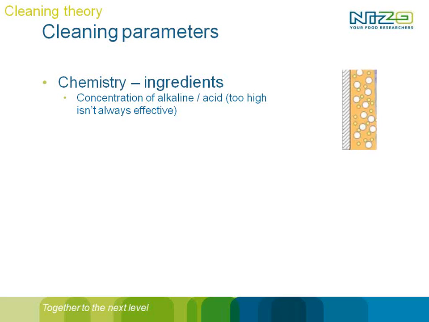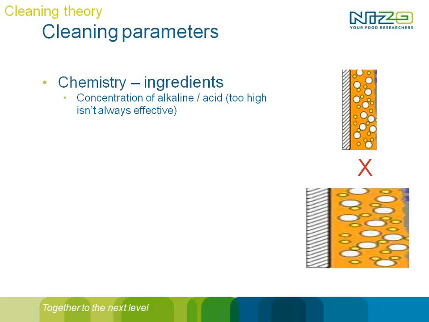For example, for alkaline, it's known that if you increase the concentration too much during a standard, well-designed fouling removal, the fouling layer is swelling due to the chemicals. And if you have too high a concentration, above 1.5 to 2%, then the swelling goes so fast that a certain kind of rubber layer is formed on top of the fouling layer.